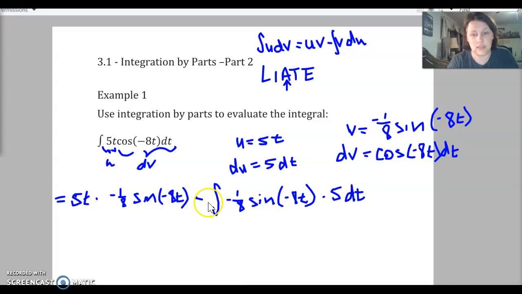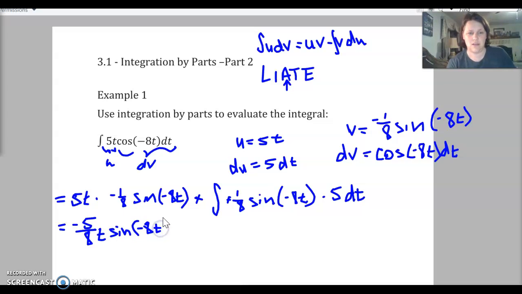So I'm going to go ahead and cancel out these negatives right here. That's something I can do there. And then let's start combining this first term. So we're going to end up with negative 5/8 t sine of negative 8t plus, let's see, we're going to have the integral of sine of negative 8t.